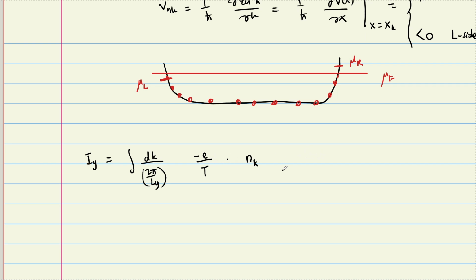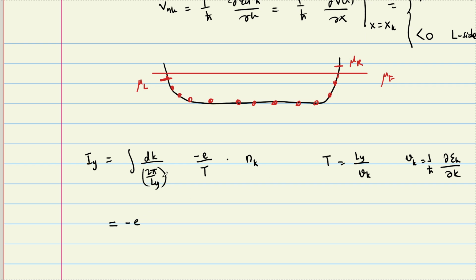And the T here, this is just standard current, Ly divided by Vk, and Vk is 1 over h bar dE_k/dk. So then this is going to be minus E.